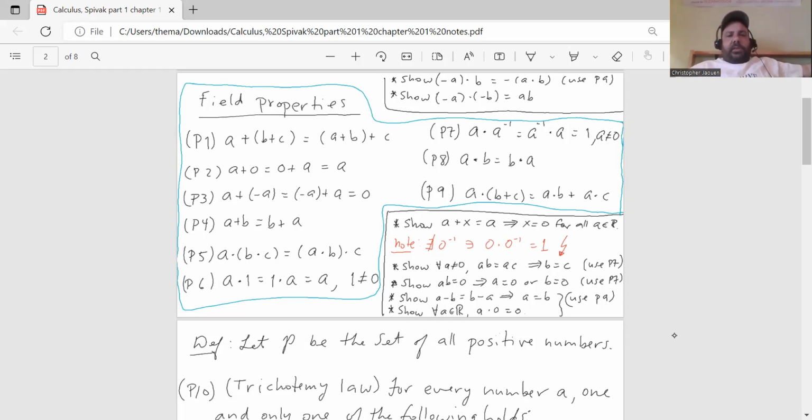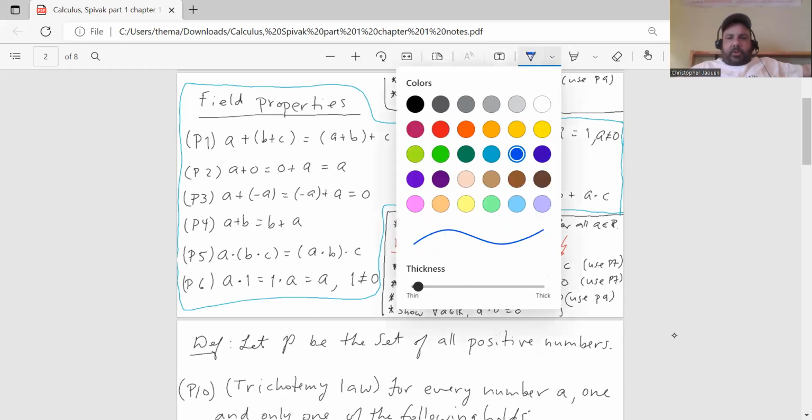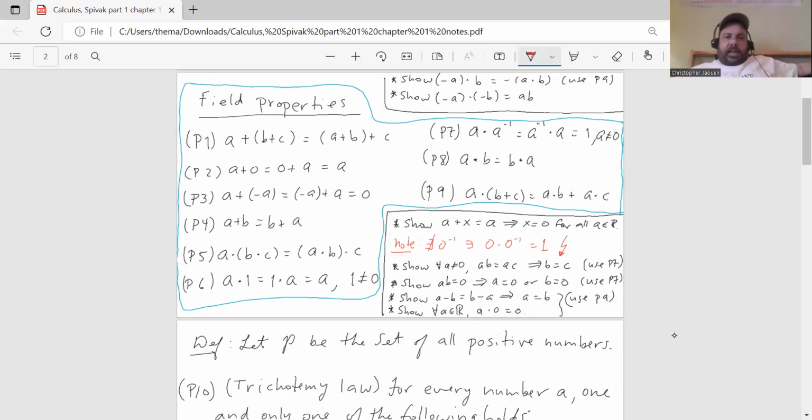And once he gives you the axioms, he asks you to show these things. He does show them in the text proper, but I want to actually do it for you. I think it's worth seeing that done in person, just so you can get a feel for how to use axioms to prove things about numbers, especially if you've never seen it before.